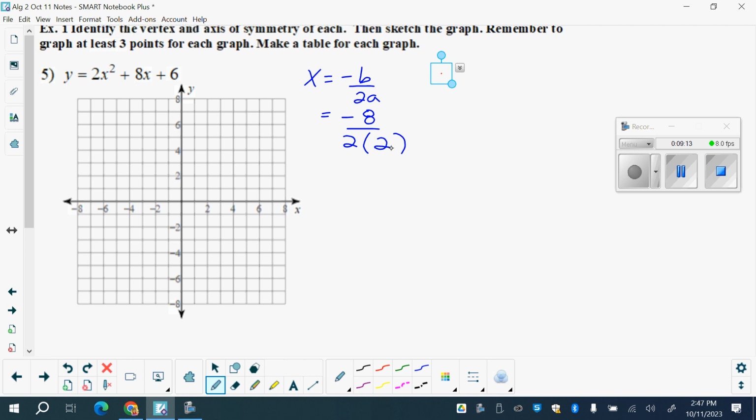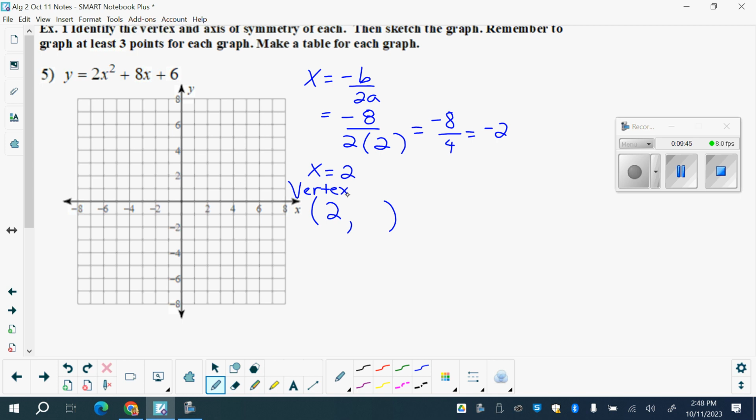Okay, now we're going to simplify it. So this gives me a negative 8 over 4, which is negative 2. So x equals negative 2. My x value is negative 2. And then to find the y value of my vertex, how do I find the y value?